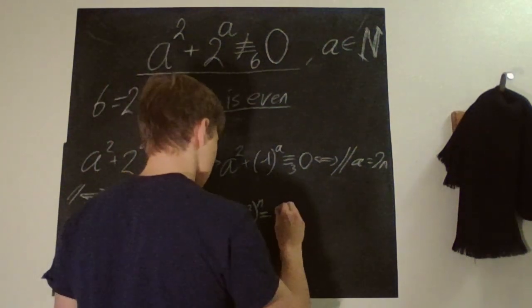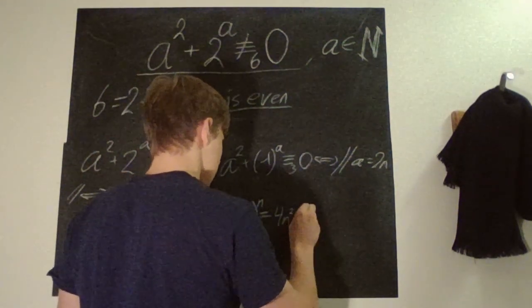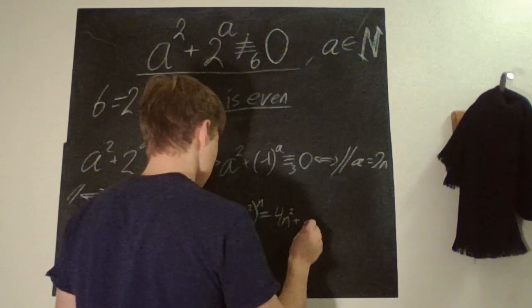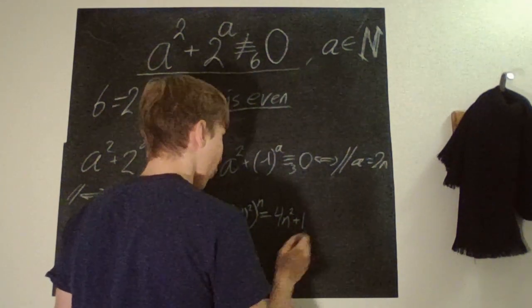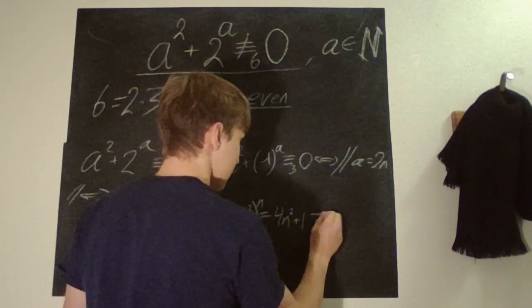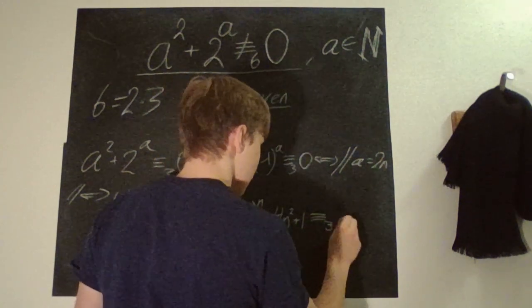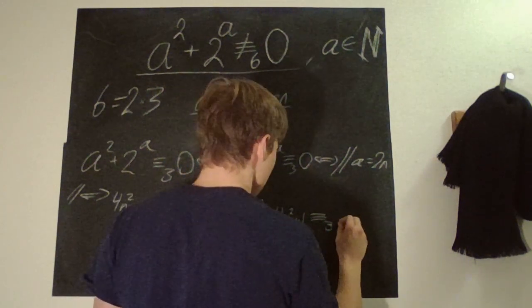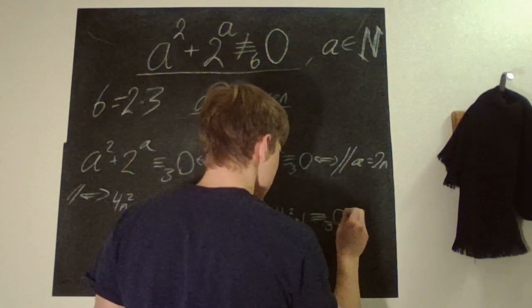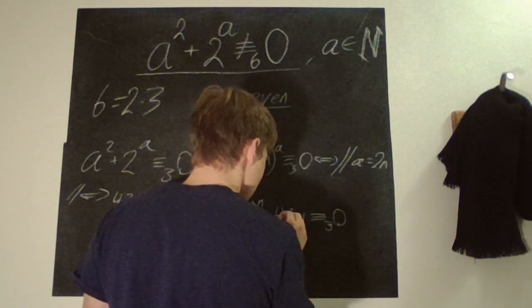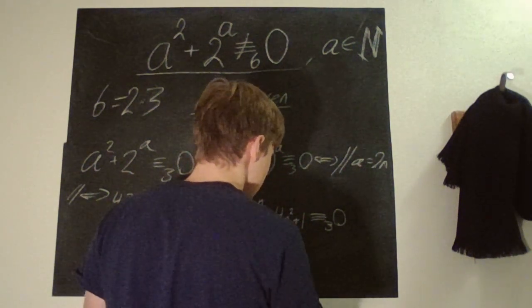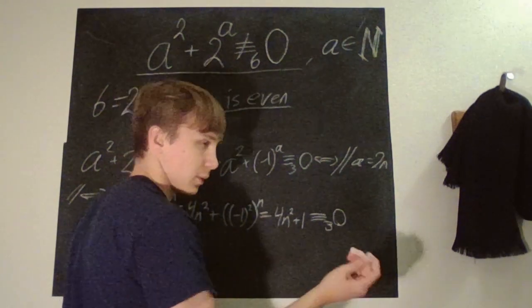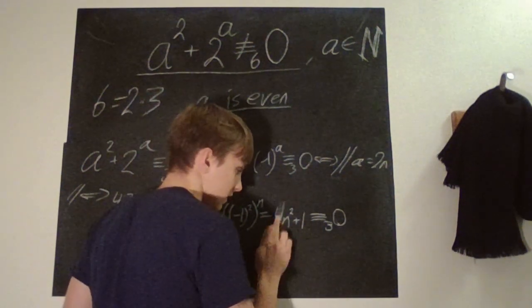So this is 4n squared plus 1, and this is supposed to be divisible by 3. And since 4 is 3 plus 1, we can just remove this also.